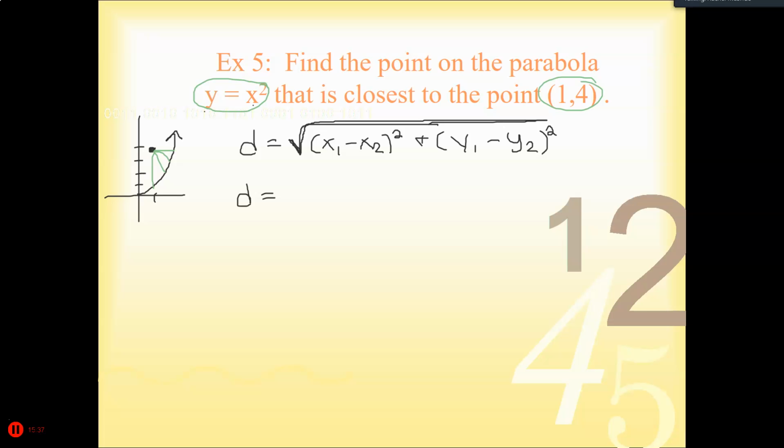So distance equals, that's my substitution, the square root of (x minus x2) squared plus, so now instead of y1, I'm going to use x squared. And then how do you think I'm going to get rid of the x2 and the y2? What other information do I have that I could use for this distance? What distance am I trying to minimize?